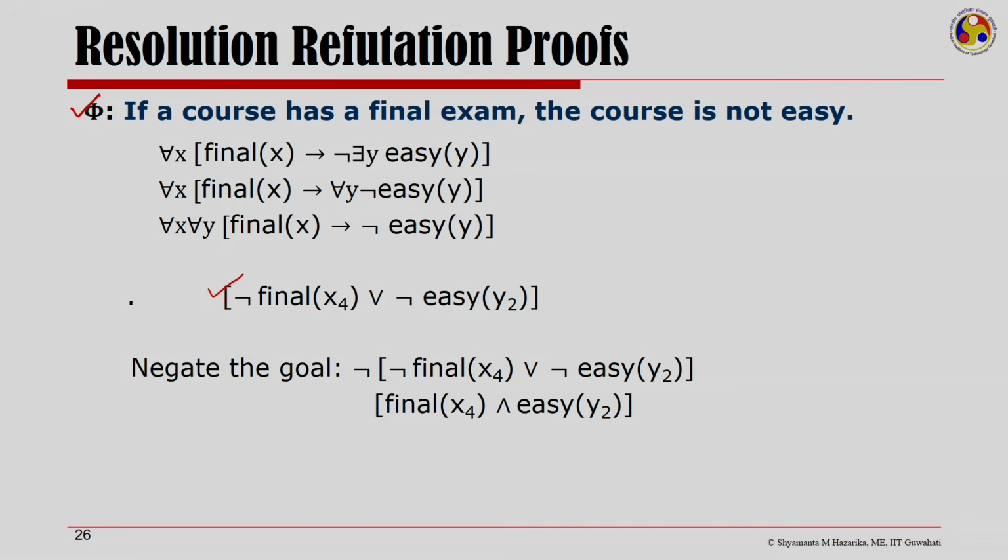Now, this being a conjunction, I can write this as two separate statements: final(x4), that is my third clause, and easy(y2), that is my fourth clause. So, the negation of the goal led to C3 and C4.